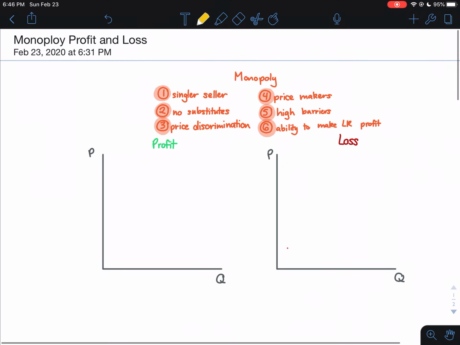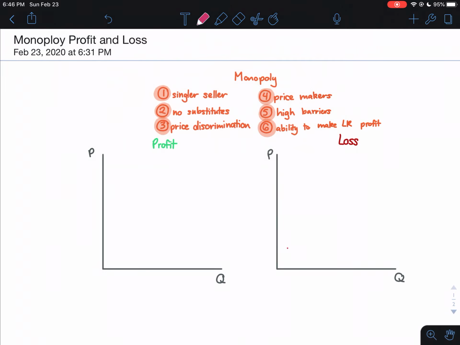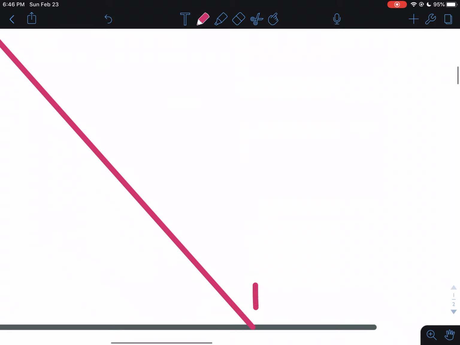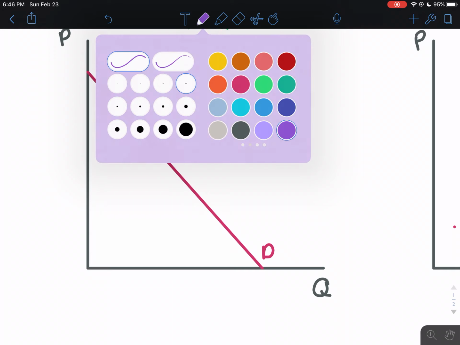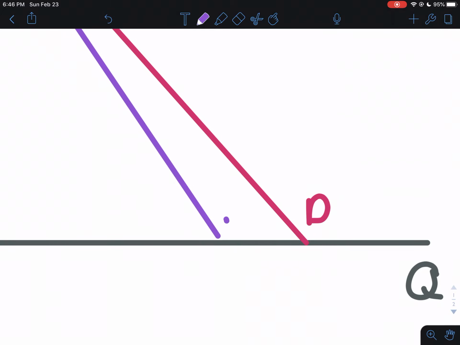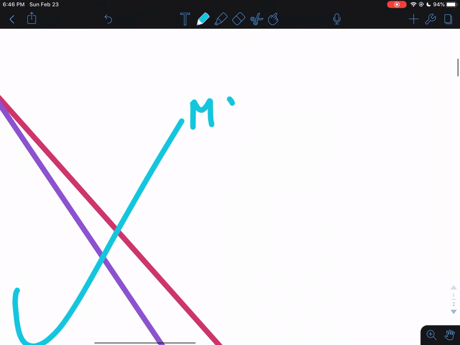So let's learn how to graph profit and loss. So first we're going to start with our demand curve. And then right underneath that, we're going to put our marginal revenue curve. And then we're going to graph our marginal cost curve, which is our Nike swoosh.